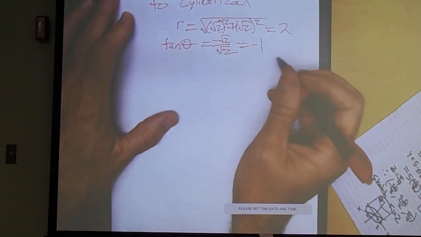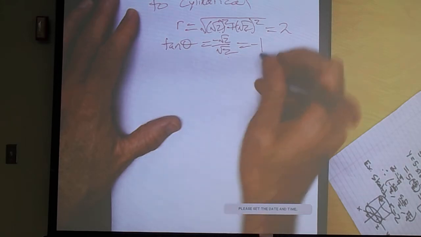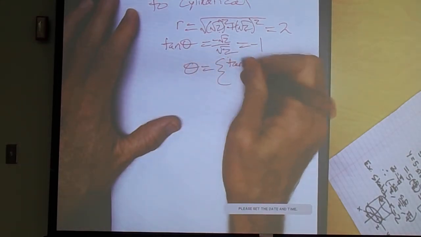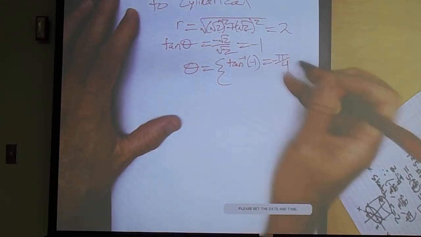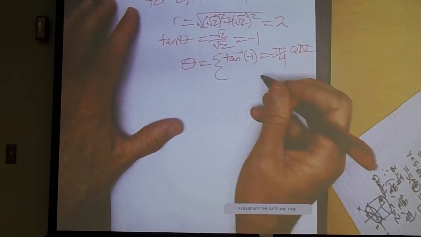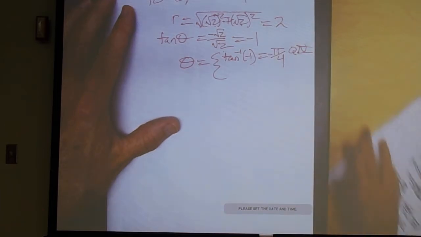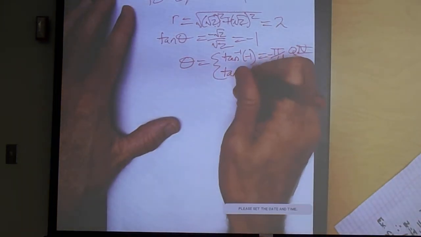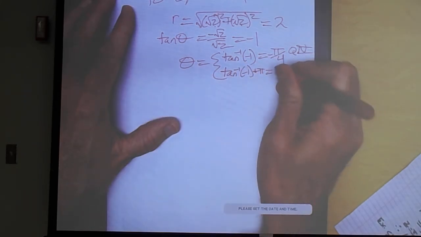Well, we know the arctangent of minus 1 is minus pi over 4. So the answer could be minus pi over 4 if it's in quadrant 4. But if the projection is in the opposite quadrant, quadrant 2, then you have arctangent minus 1 plus pi, which would be 3 pi over 4.